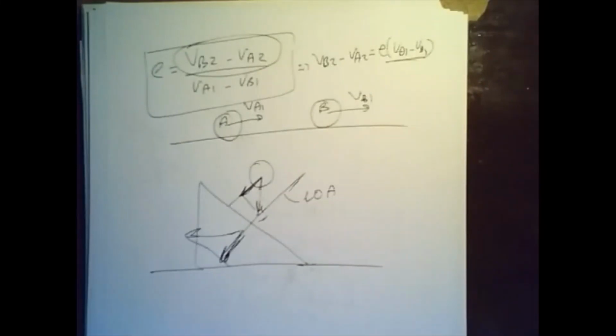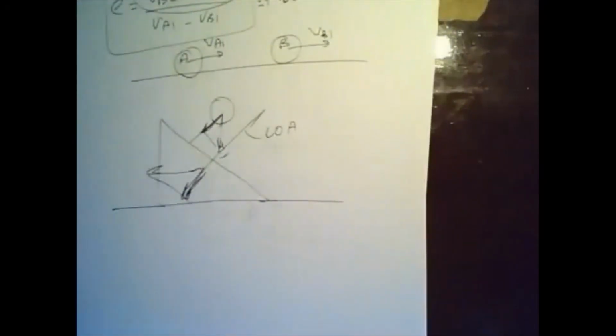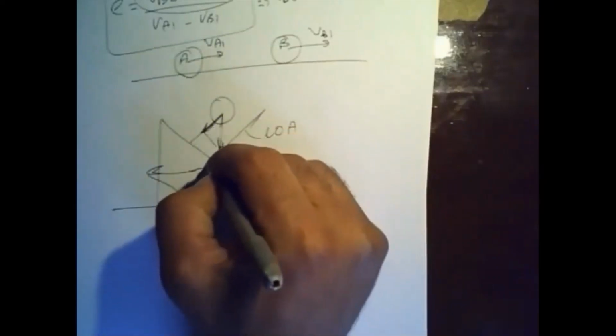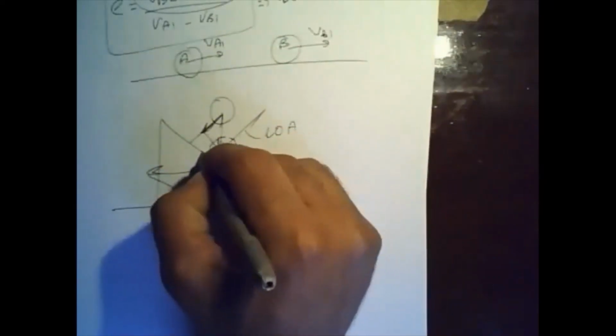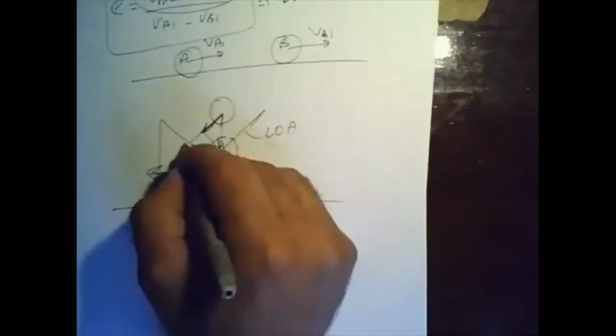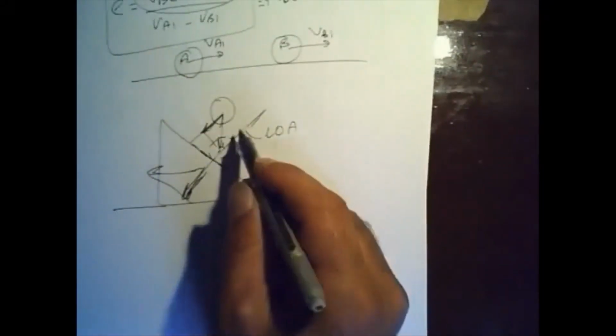Here, in this example, the one with the ball falling. How can someone tell how I got the line of action? It is always perpendicular to the surface, or the tangent, to be more accurate. Perpendicular to the tangent. When this ball hits, this is a tangent, and the line of action has to be perpendicular to the tangent.